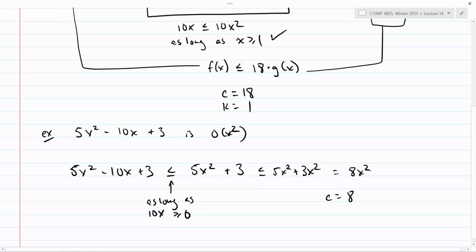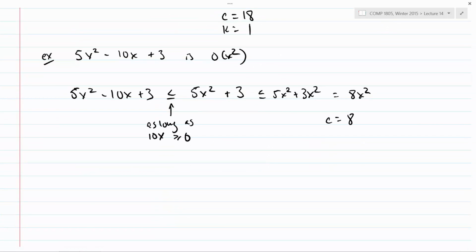All right, so for this example now, what is our value of k? Well, I forgot to put the restriction on the second one. This is as long as x squared is at least 1. All right, so we look at which of these is most restrictive. 10x is at least 0. What's that the same as? x is at least 0.